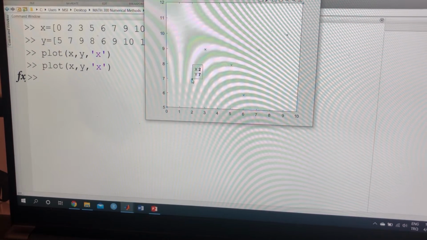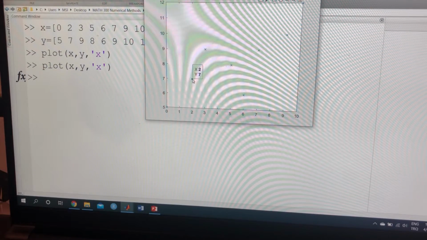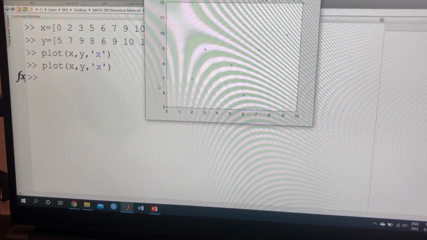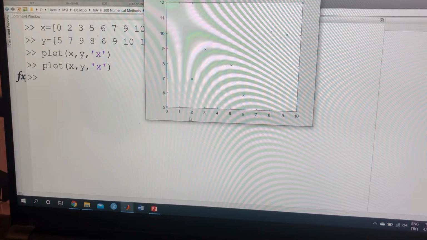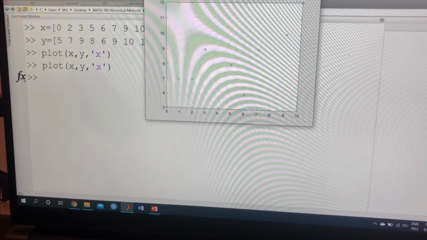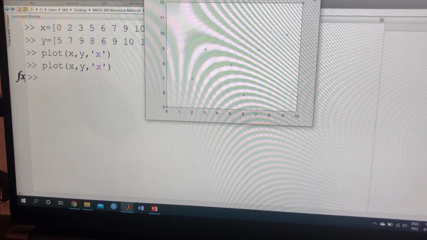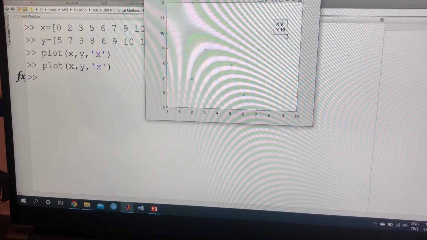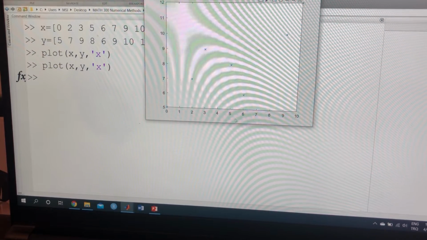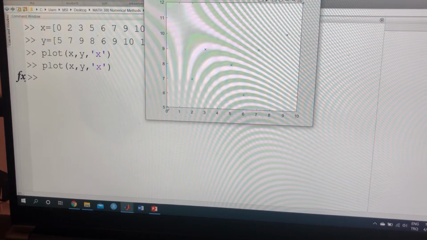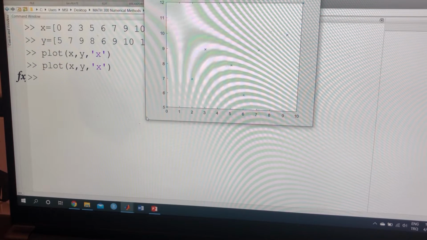So I can find the derivative at this second data point by using the difference of y over the difference of x's. And once we come to the last value, we cannot use the forward difference because there is no next value. But we can use the backward difference for the last one. But for the central difference, again, we cannot use the first value because there is no previous one.